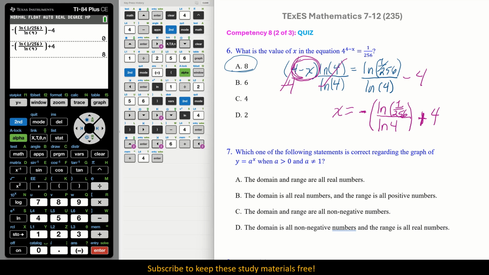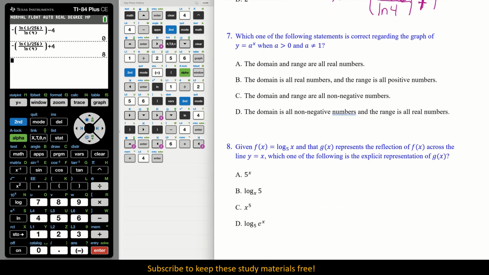If you see what was going on, I really needed to distribute that negative to both terms on the right side, and I didn't do that. I didn't do it in the calculator, and I didn't do it when I wrote it down, which is not correct. But now we fixed it and we have the same thing. And we had already had the numeric solver that told us what the correct answer was. So let's look at number 7.